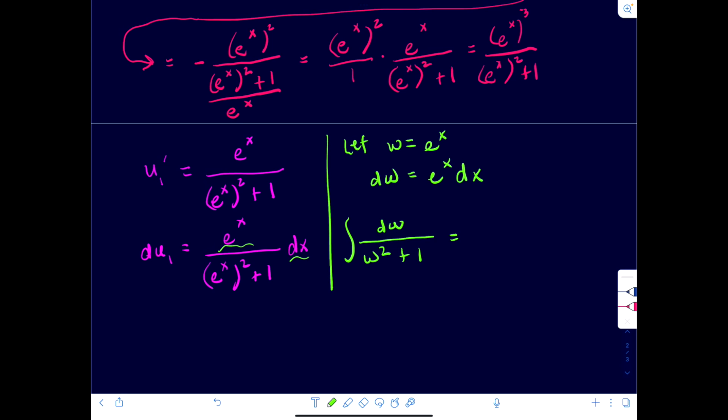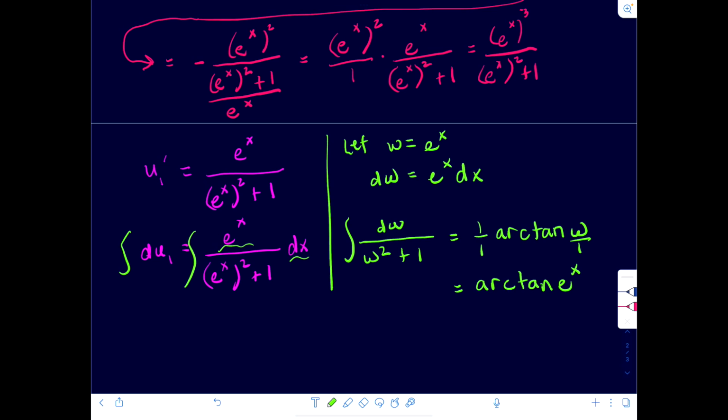But that's just 1 over 1, arc tangent, because our a is 1, arc tangent w over 1, which back substituting is going to give us arc tangent of e to the x.